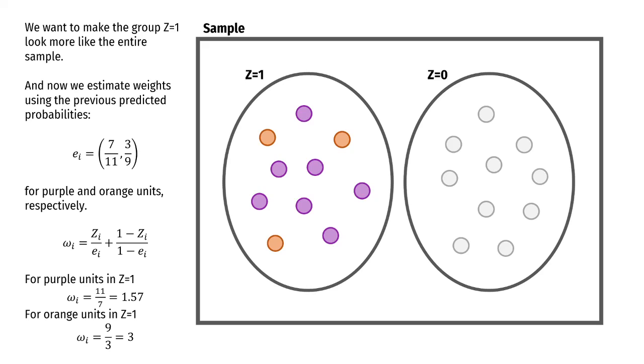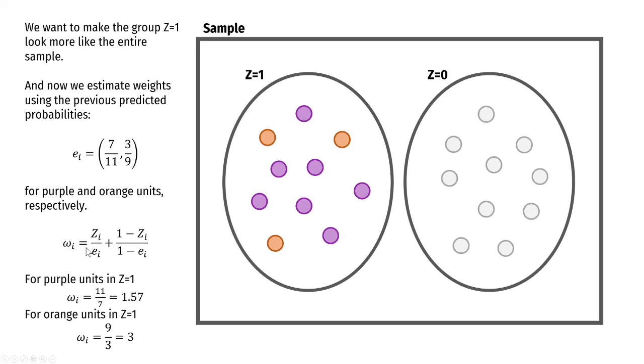So the idea here is that we will use the same formula that we use for weights for average treatment effects to try to approximate this respondent group to the total population, or to the total sample in this case. So these are constructed in the following way.